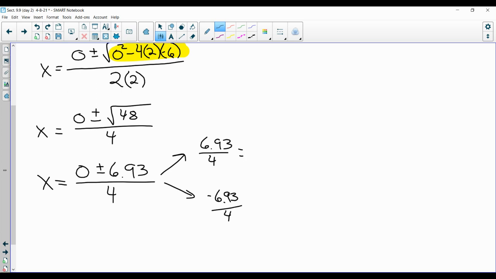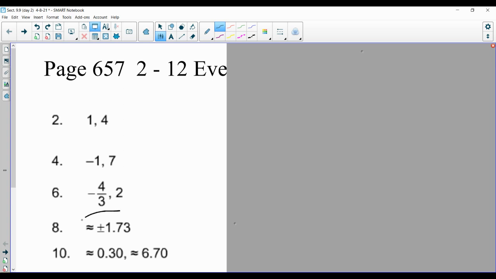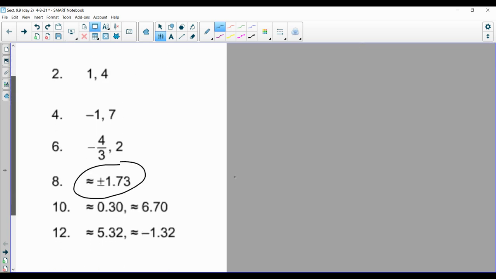Same thing? Okay, so we get positive 1.73 and negative 1.73. Those are going to be rounded answers. We also could have listed it as just positive or negative. So again, if you don't have a B value, you'll always have an A value, okay? But if you don't have a B or a C, you have to give it 0.